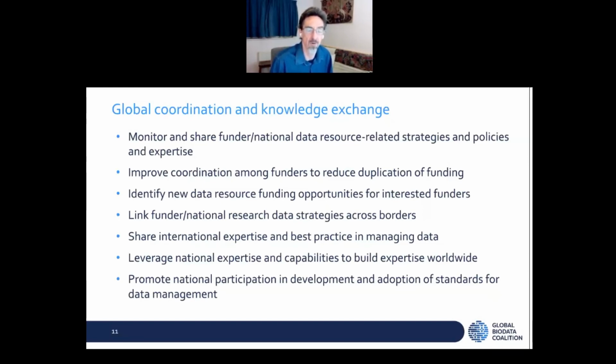We are supported by the funders, and the main purpose is to enable funders to share strategies, to improve coordination, to identify new funding opportunities, to share expertise, and to leverage national expertise that is inside of one country or one location globally, and to promote national or local participation in the adoption of standards for data management. Next slide.